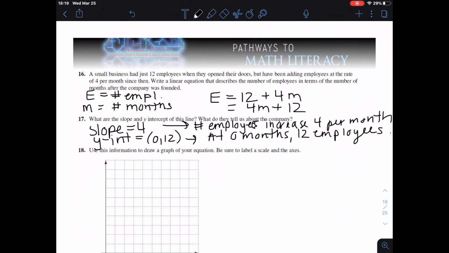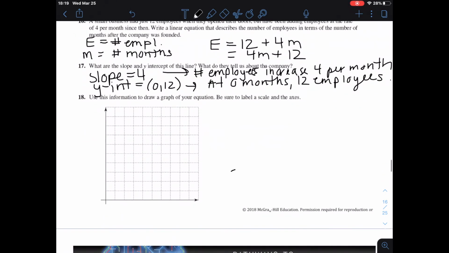So now, instead of having to go through finding a bunch of different points to be able to graph this, we can utilize these two pieces to our advantage. We know the slope, we know the y-intercept. The slope is telling us how much I'm increasing for every single month. So we're going to go ahead and graph this equation.